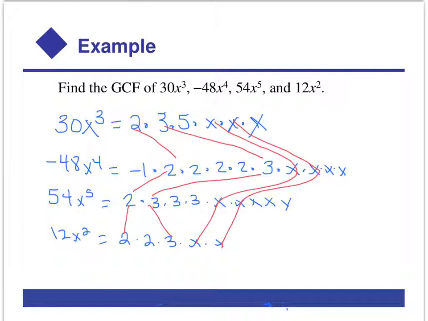When that's all said and done, we look at this and find the answer. So we're going to say 2 times 3 times x times x. Our final answer is 6x squared is the GCF.